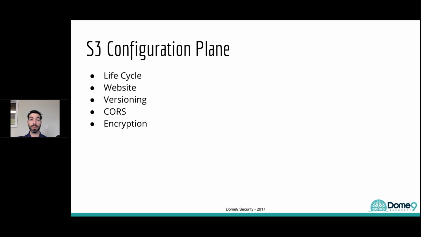Another security configuration that seems maybe relevant, but it's not relevant to our use case, is the CORS configuration. That configuration can control cross-origin requests for static websites that are hosted within S3. So it is not relevant to the things we're trying to protect against.